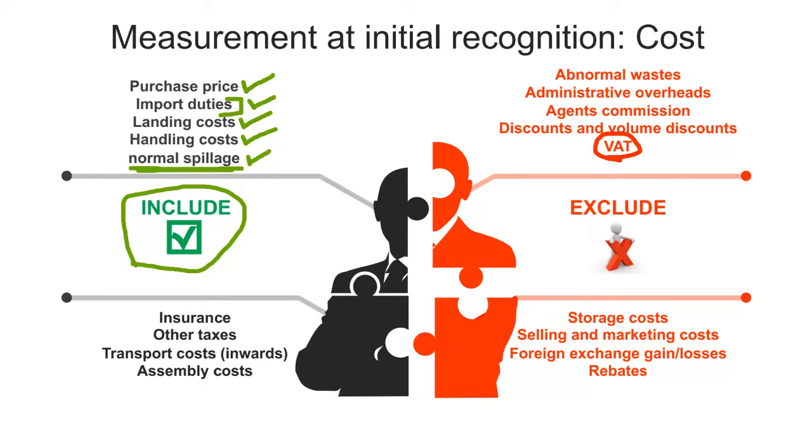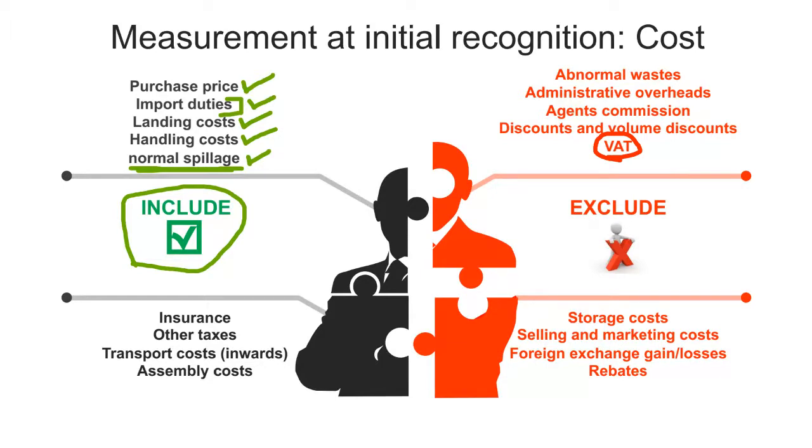Now that would be a cost that is incurred in bringing the goods to a sellable state, okay? And it's not an abnormal cost. It's not a cost that is strange or shouldn't have been incurred. It's a cost that we know we should incur, right?